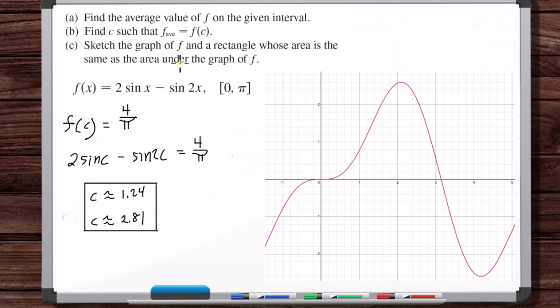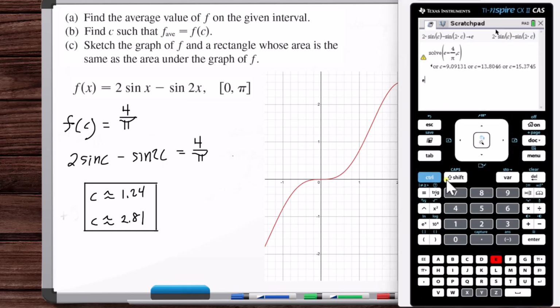And now if we sketch the graph, we don't even need these values of c, because all we're doing is the height of the rectangle is going to be 4 over pi, and it's going to go from 0 to pi. So this should be pi here. Let's see.